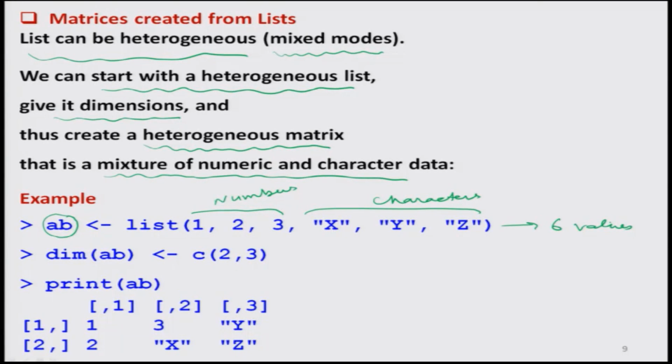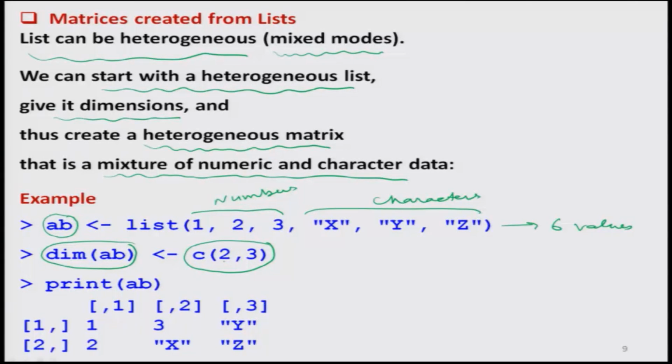Now, I try to define the dimension of the matrix which I want. Since there are 6 values, the dimension of the matrix can be 2 by 3 or say 3 by 2. So, suppose I define the dimension of the matrix as 2 and 3, combined with the operator C.